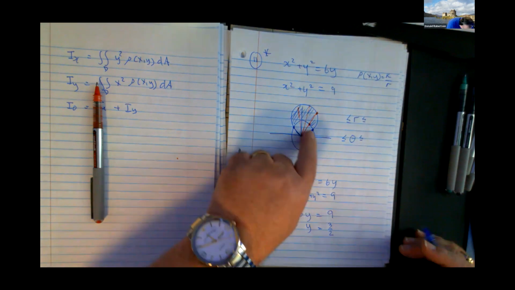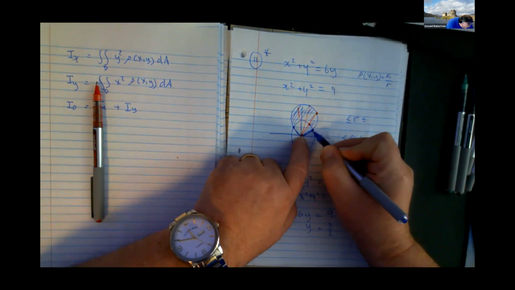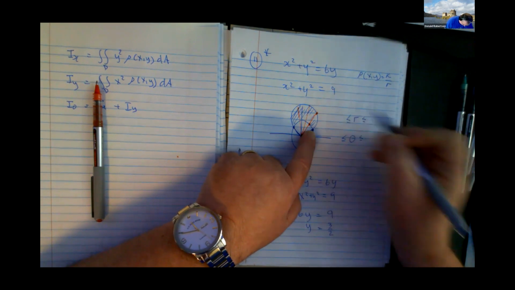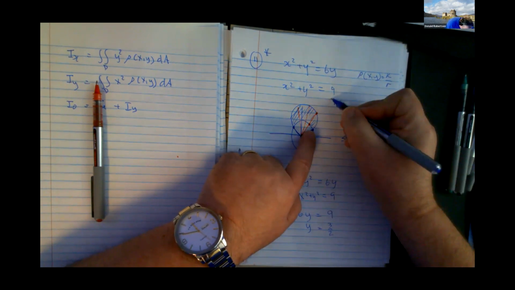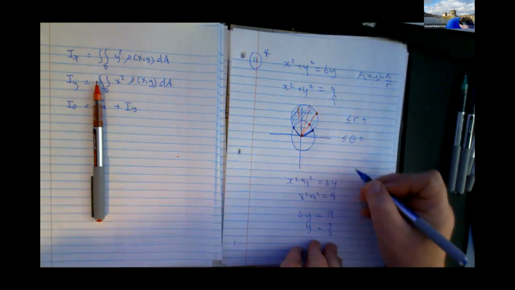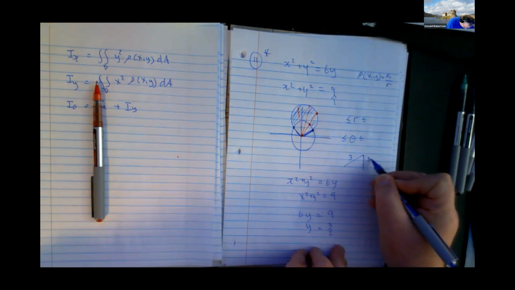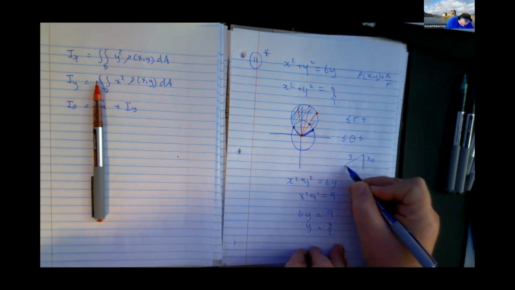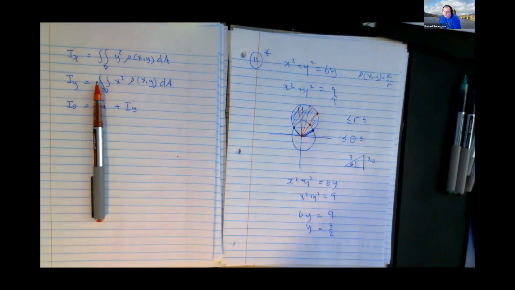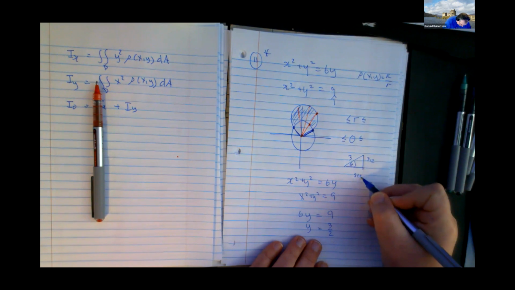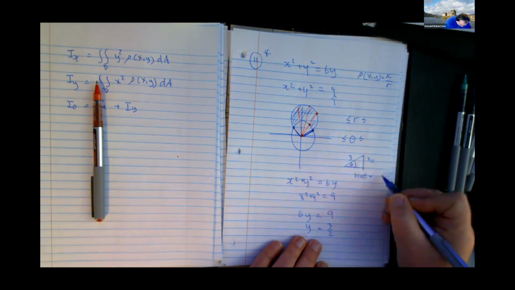So what you're trying to do here is find this point that I'm looking at. Now, this point here has a radius of 3. So what do I know? I know this has a radius of 3. I know the y value is 3/2. Can I now find the angle? Won't the sine of theta be opposite over hypotenuse?